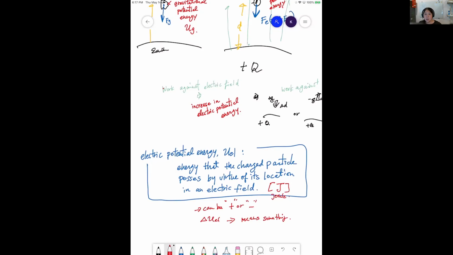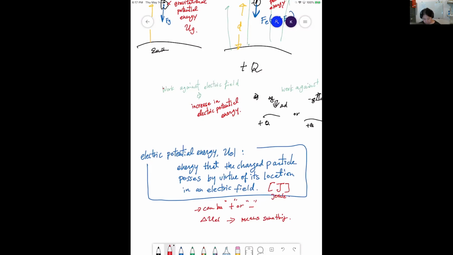So technically, you're going to have electric field lines infinitely, but it's very, very small, almost zero. So that's why we tend to put the electric potential energy starting from the infinite point. That's typical, but you don't have to. There is no rule that the electric potential energy has to be zero there. All we care is how much it's changed from one location to another. Change in potential energy has some physical value to it.